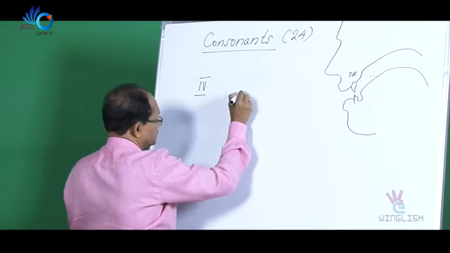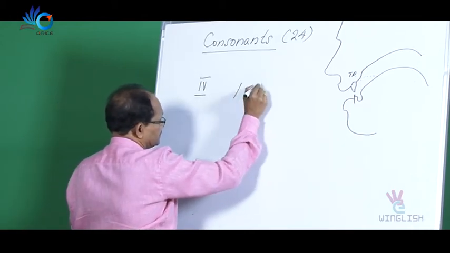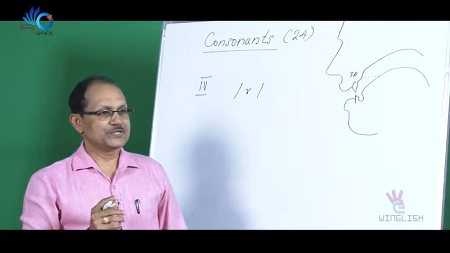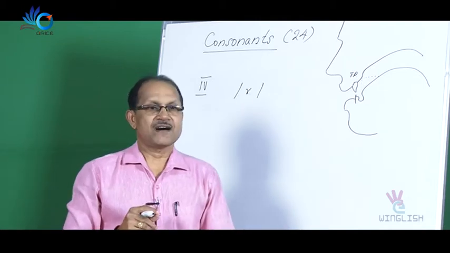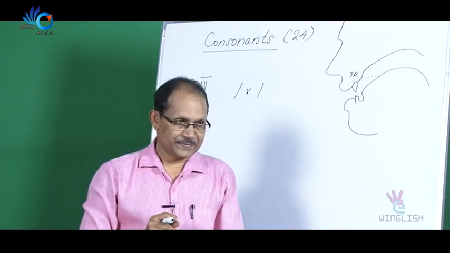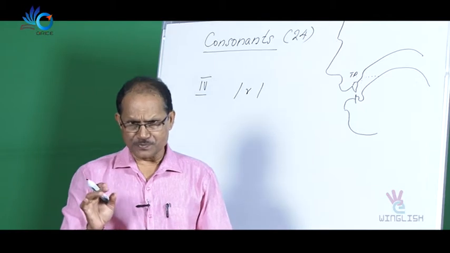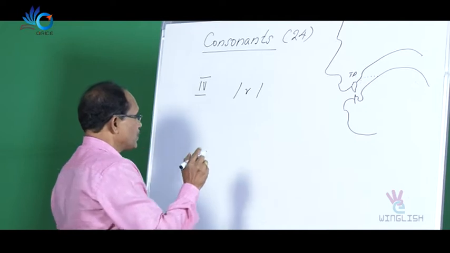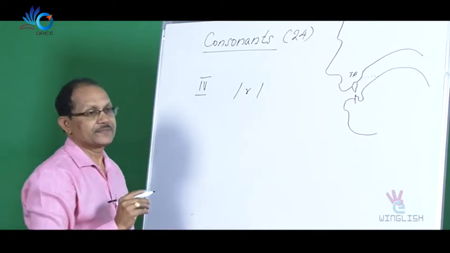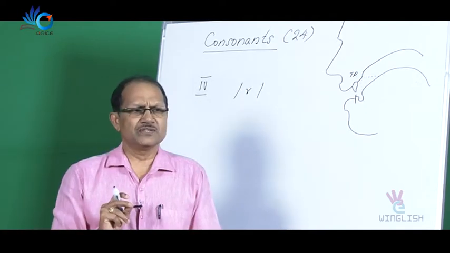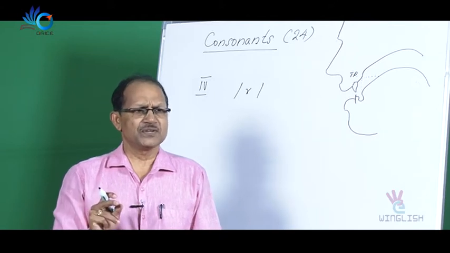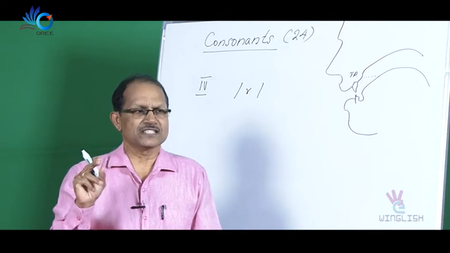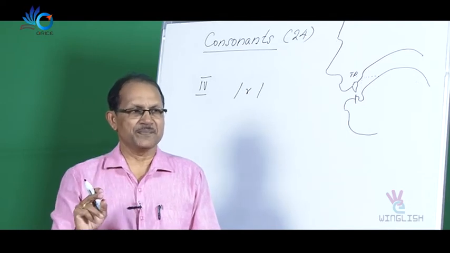Fourth group, you know the letter R, and it has so many forms, so many realizations. The commonest one we can take as R. Articulate R, and can you give me the articulators? T is an alveolar sound. Tip of the tongue touches alveolum.